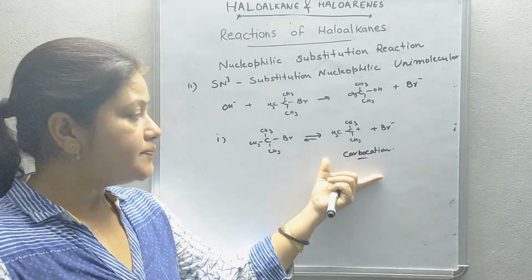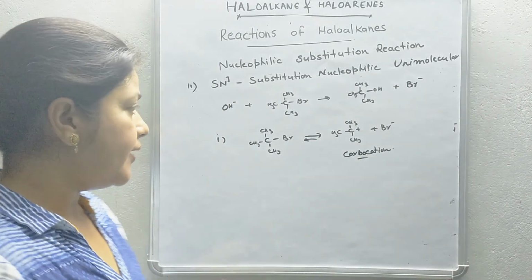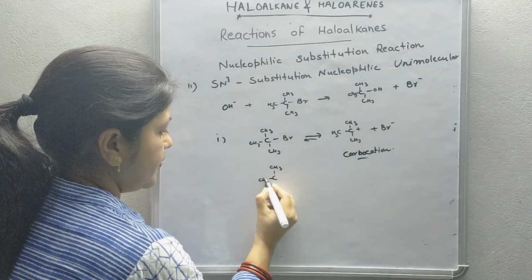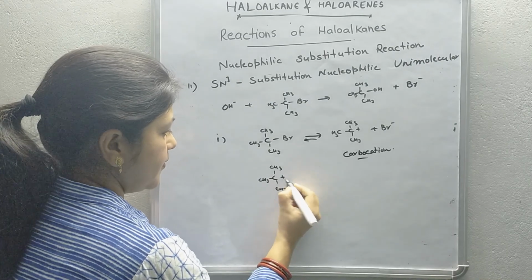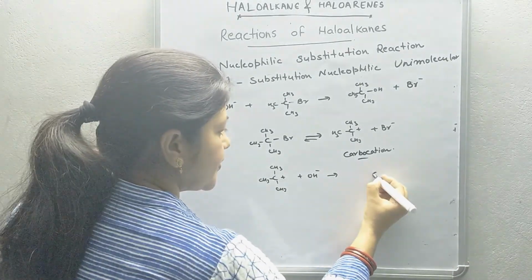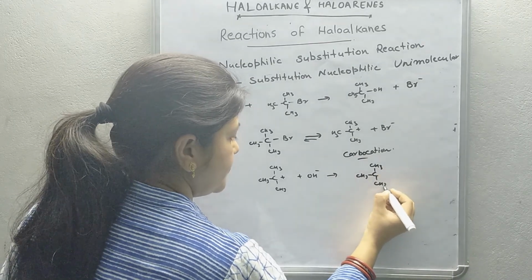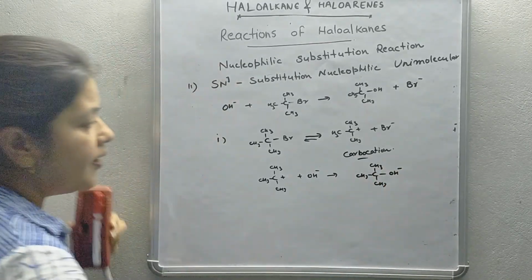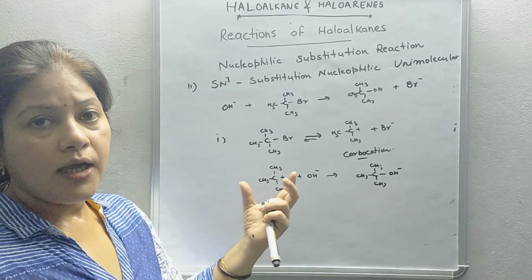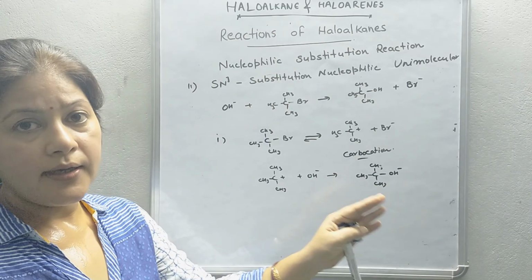Now the carbocation formed in the first step reacts with hydroxyl ion to give alcohol. This is a faster step. And the formation of the carbocation depends on the solvation of bromide ion with polar protic solution.